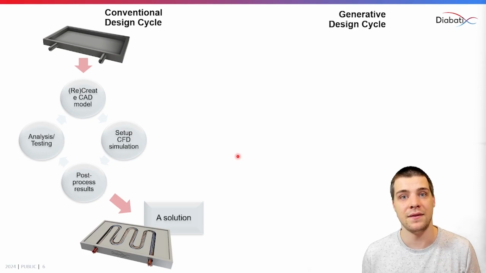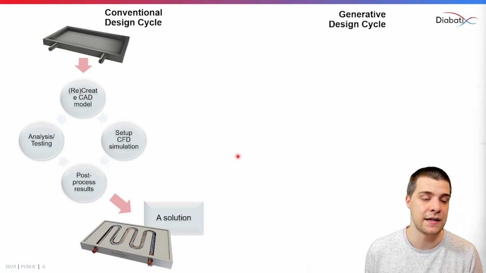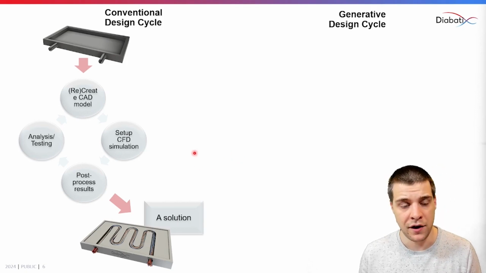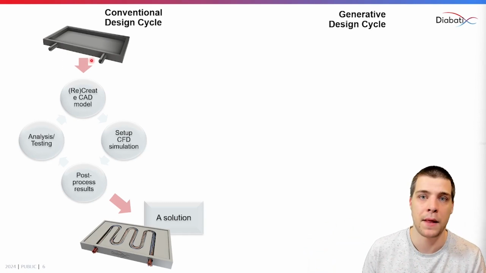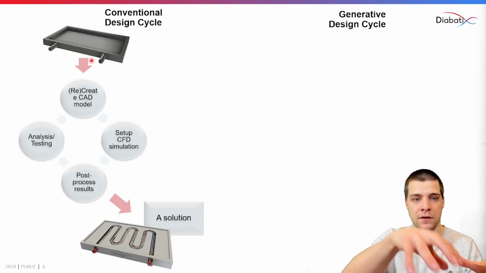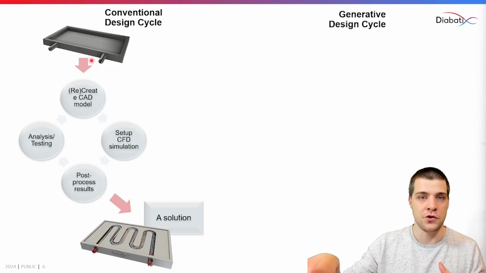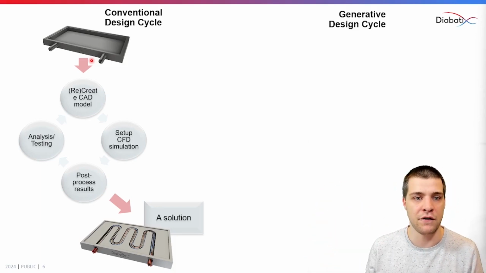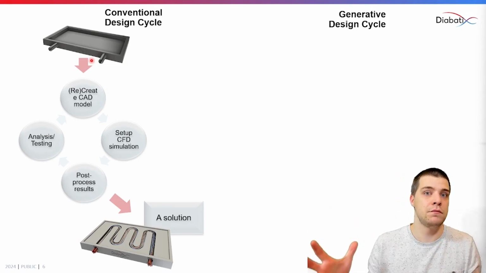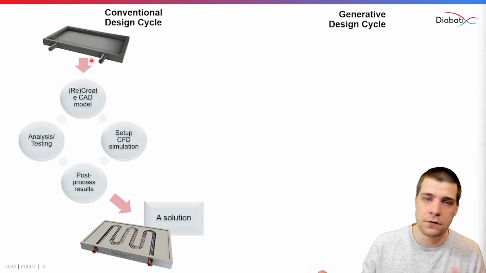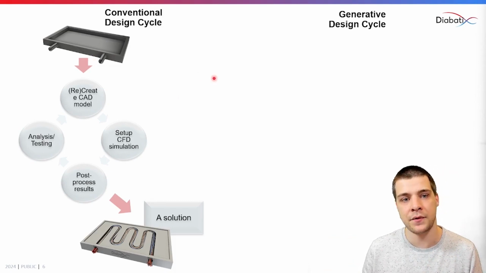Now that you have that knowledge, let's apply it and try to find a heatsink that can carry the heat away. On the left-hand side of the slide, you see the conventional way of working, where, let's say, you have a given PCB layout. So you have your PCB with a given layout of chips, and all of those chips produce X amount of heat. And on the outside of the housing, you have some space to place some fins or pins or whatever cooling structure that you desire.